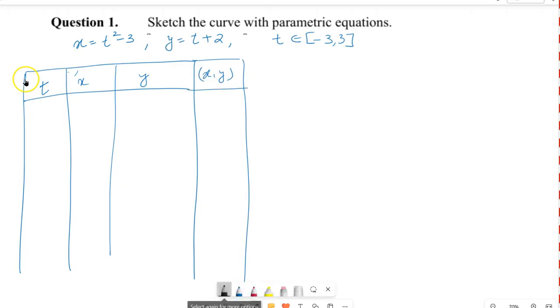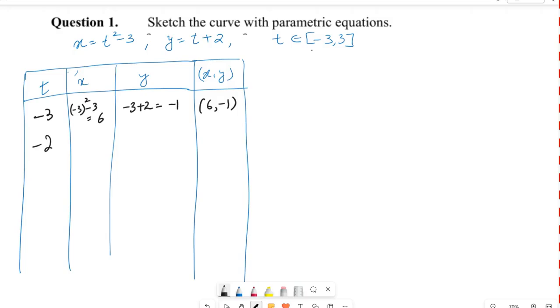Starting with t equals -3, x would be (-3) squared minus 3, which is 9 minus 3, 6. And y is -3 plus 2, which is -1. The point is (6, -1).